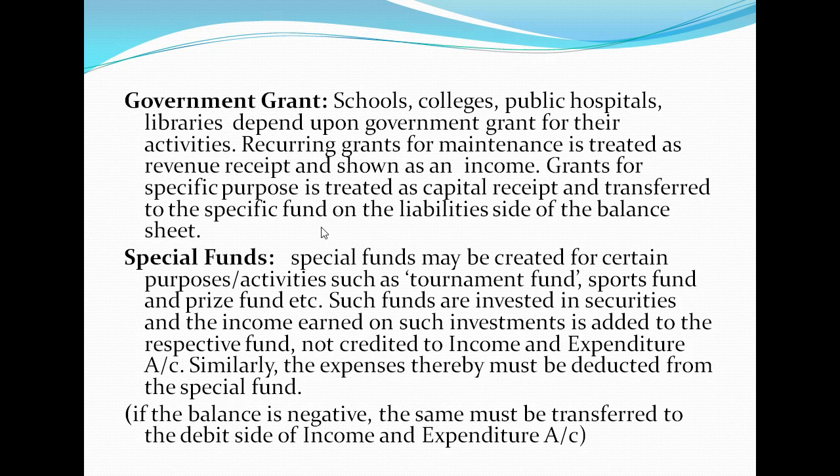Grants for a specific purpose, maybe a grant for construction of a swimming pool, a commerce block, or a pavilion, etc., are treated as capital receipts and transferred to the specific fund on the liability side of the balance sheet.